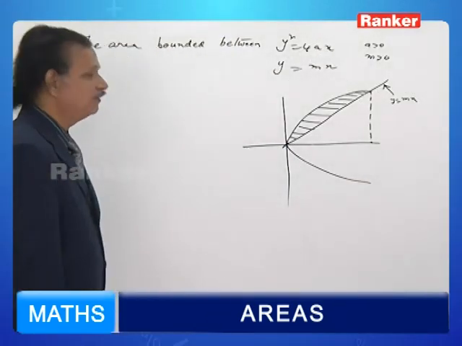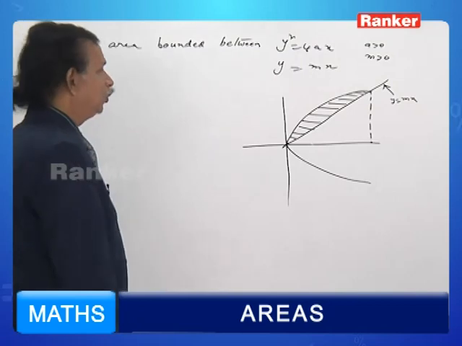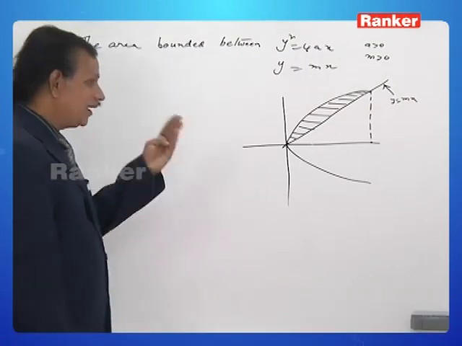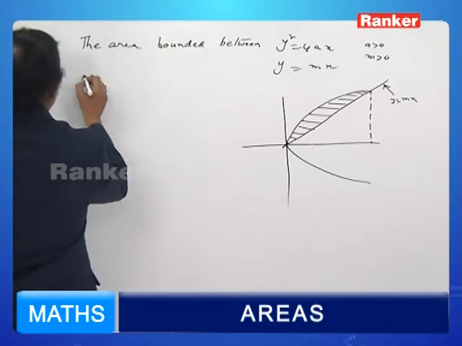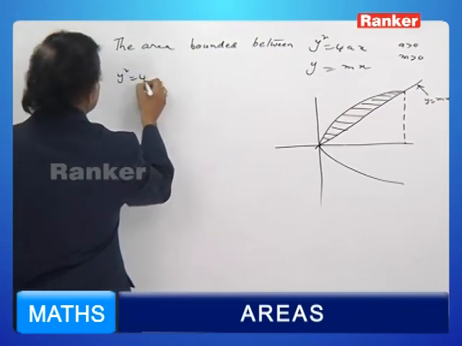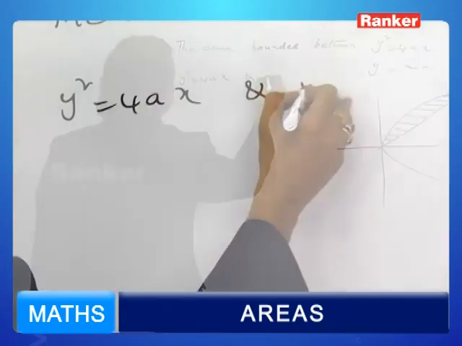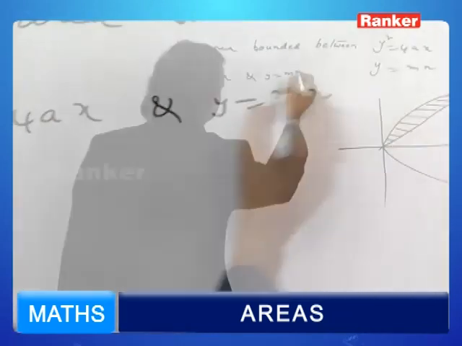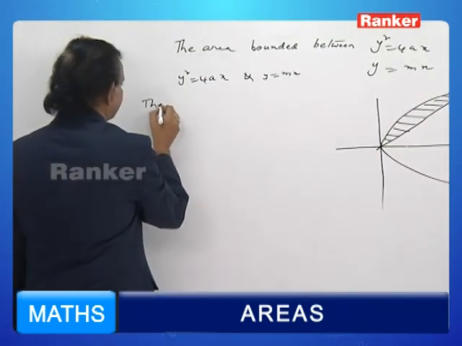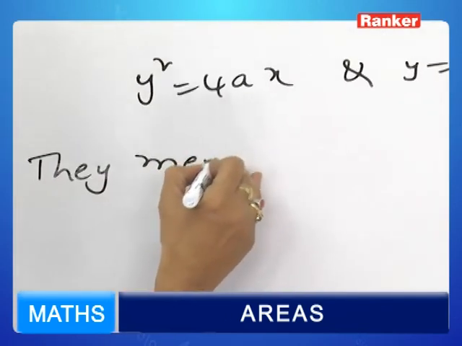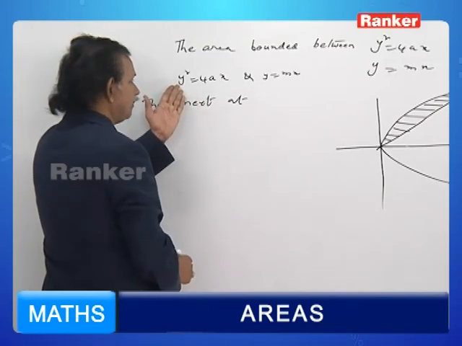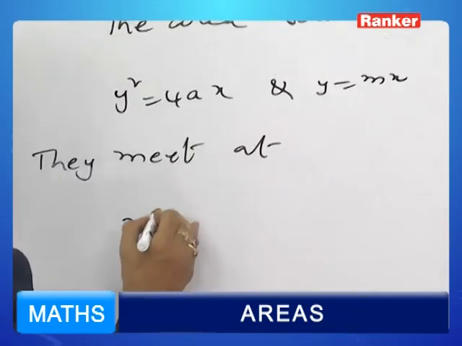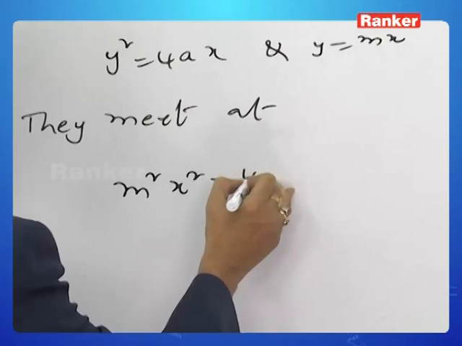So first of all, you may have to solve them. You may have to know where they do meet. Y square is equal to 4ax and y is equal to mx. They meet at, come on, substitute mx in the place of y. M square x square is equal to 4ax.